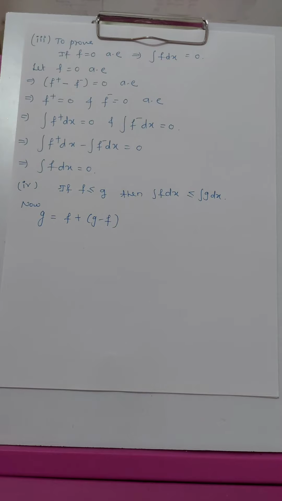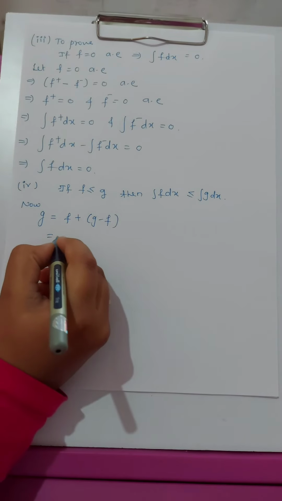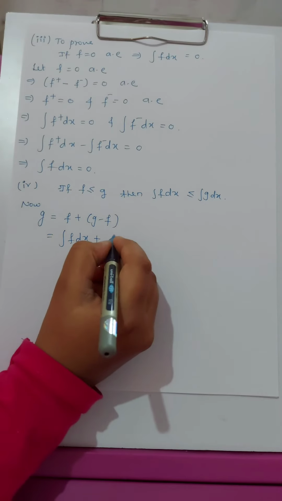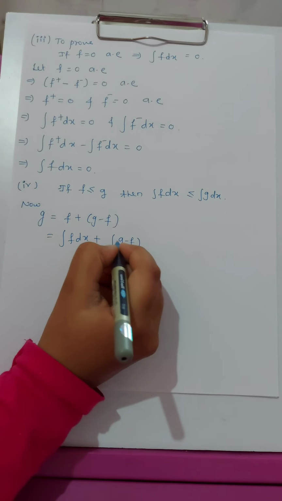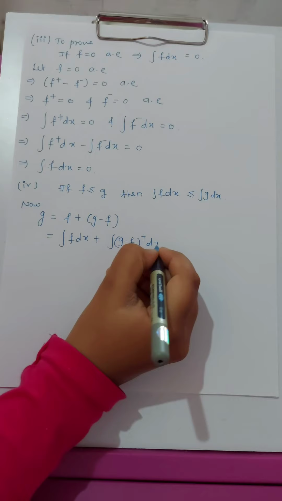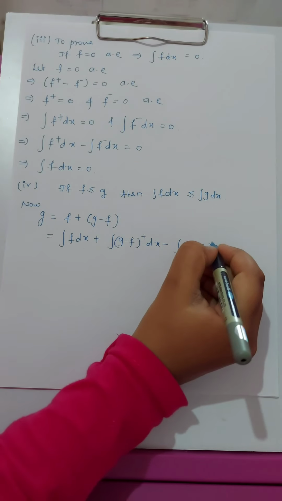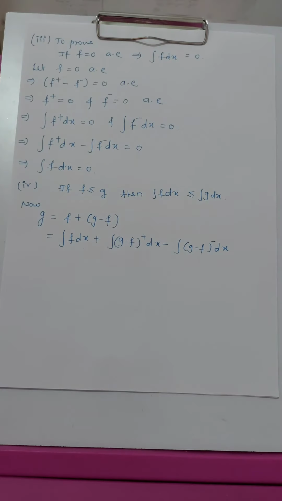Now this is equal to the integration of f dx plus the integration of (g minus f) plus dx minus the integration of (g minus f) minus dx, since f and g minus f are both integrable.